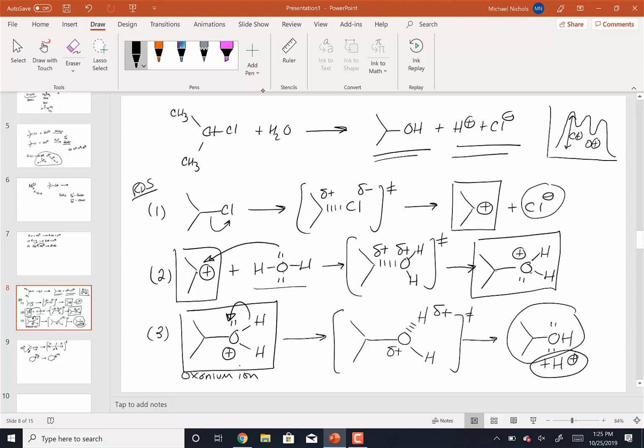The difference between HOH and ROH is an R for an H. So if I wanted to react isopropyl chloride with methanol, I would go through this mechanism and erase 1 hydrogen and add a methyl group to it. So I would add a methyl group maybe here, and then I would have my methyl group here.